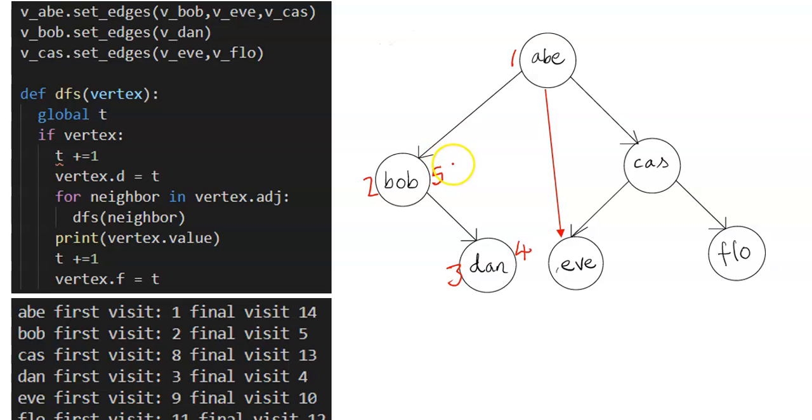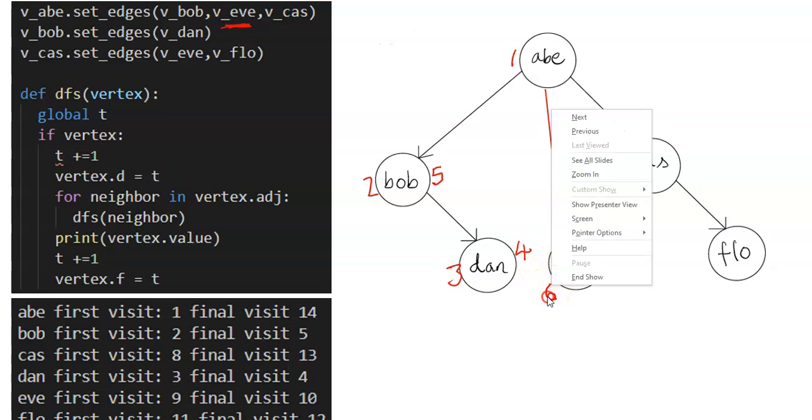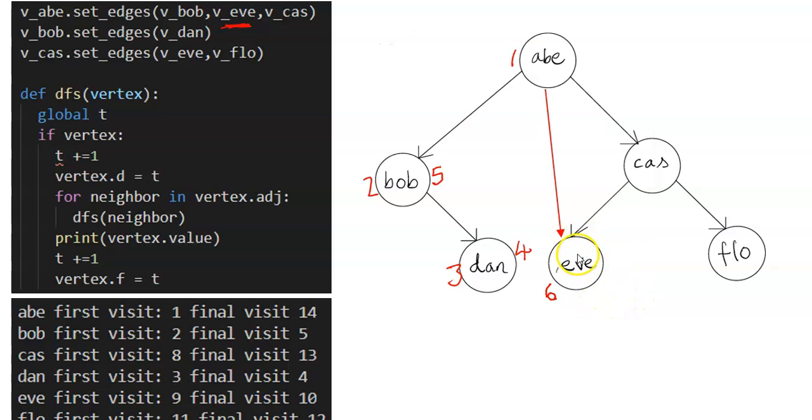Now, up to this point, nothing strange. We should have been expecting this. Then, because we have this adjacency next, we get to treat it. So we go to 6, and then it doesn't have any adjacencies.